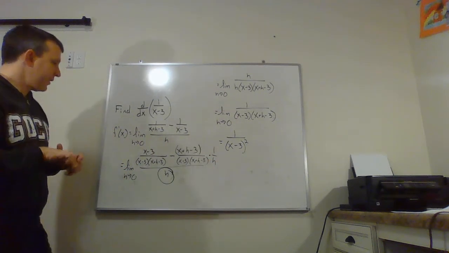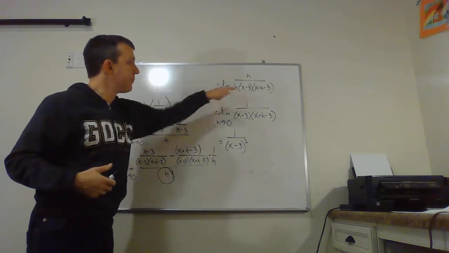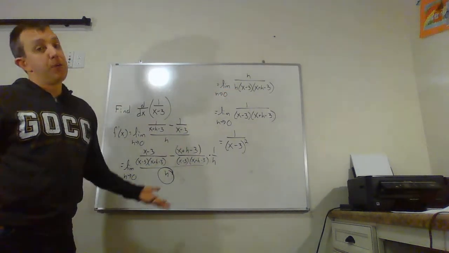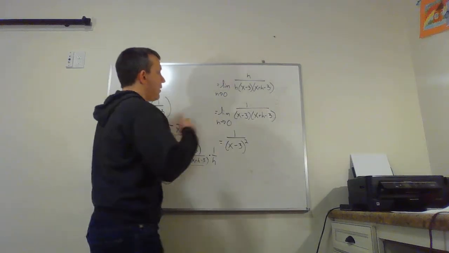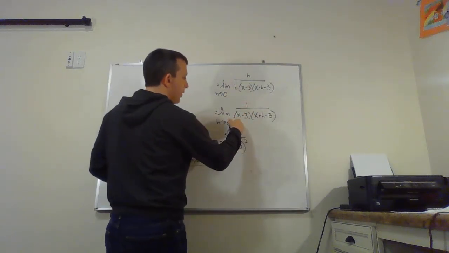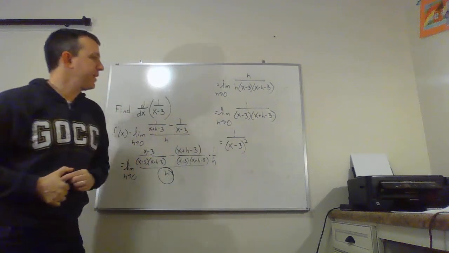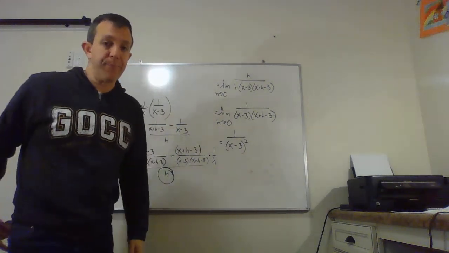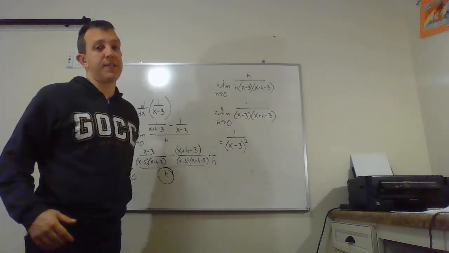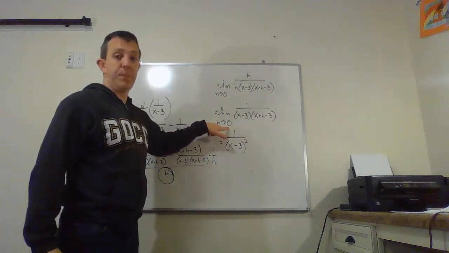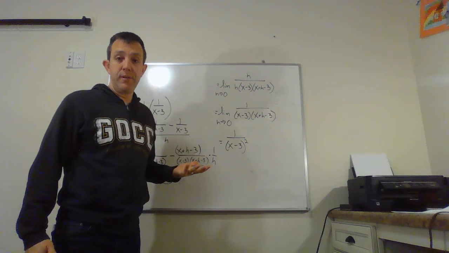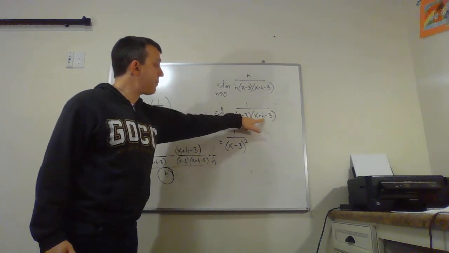So I'm able to bring this h into the bottom of the fraction, which is nice because now I have h on the top and h on the bottom. Those go away, leaving me with 1 over x minus 3 times x plus h minus 3. Now this is still a mess, but the important thing is now 0 could be plugged into this limit. 0 is not a problem anymore.